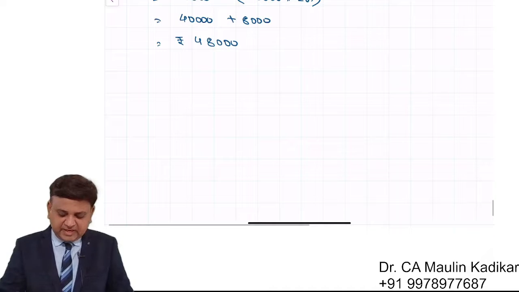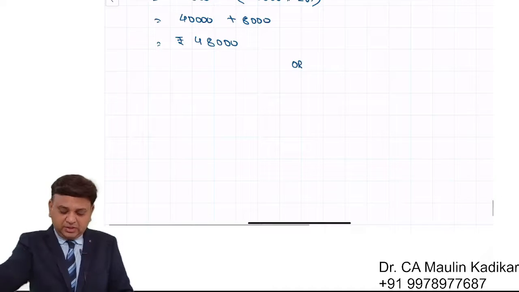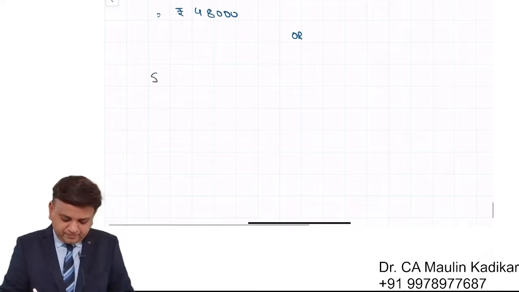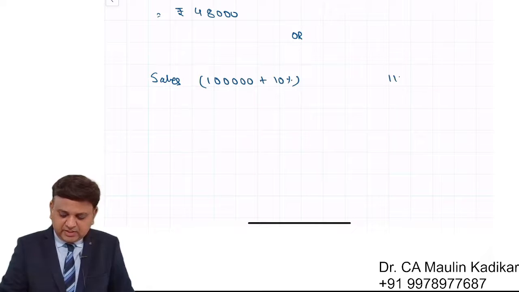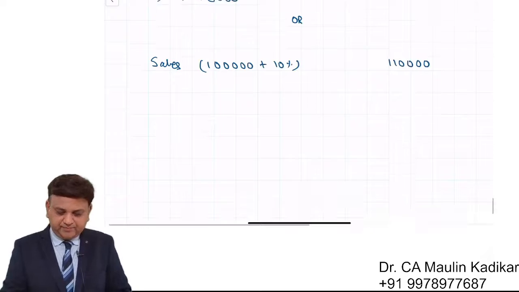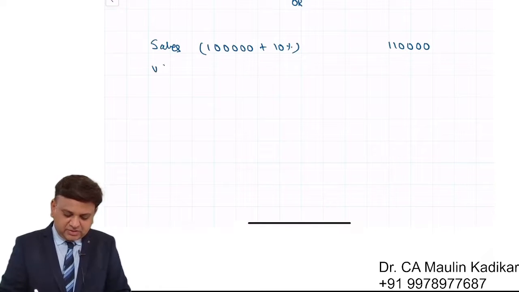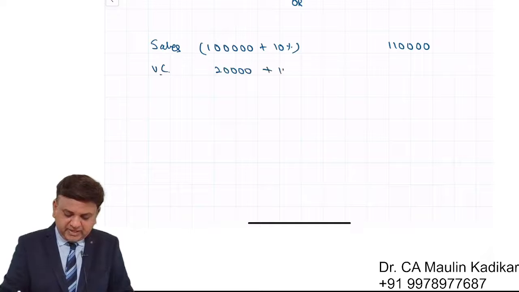Now this answer can be calculated with an alternative method also. Sales of the company is right now 1 lakh plus 10%. It will increase to 1,10,000. Variable cost is right now 20,000. In that, there is an increase by 10%.